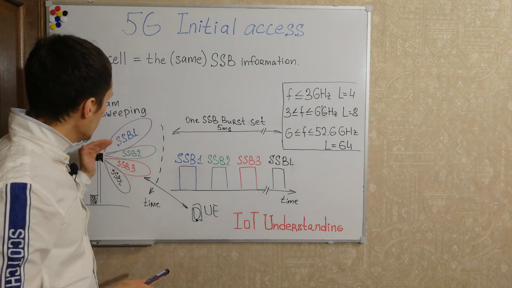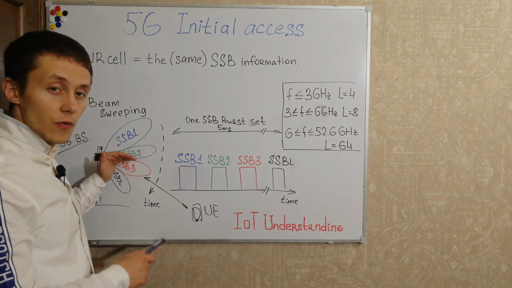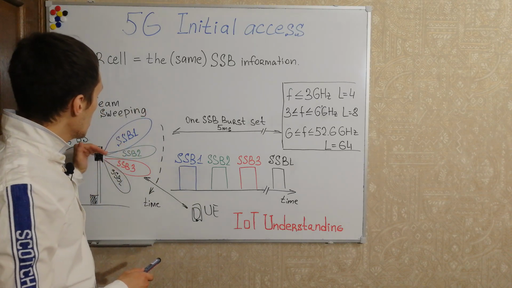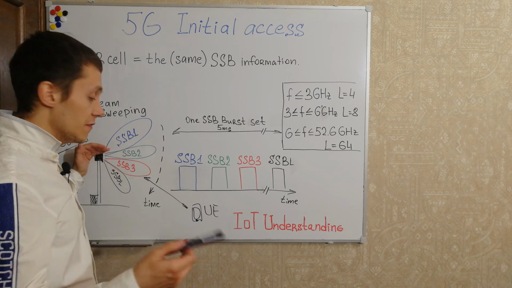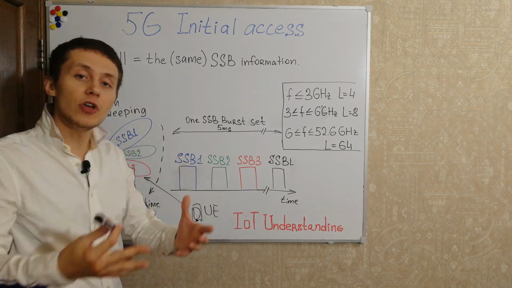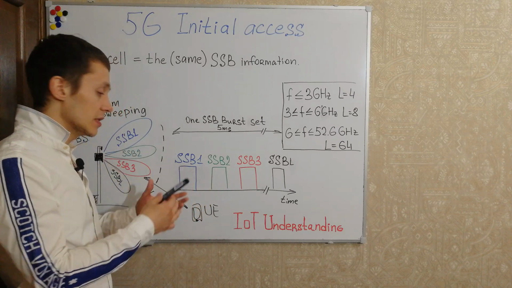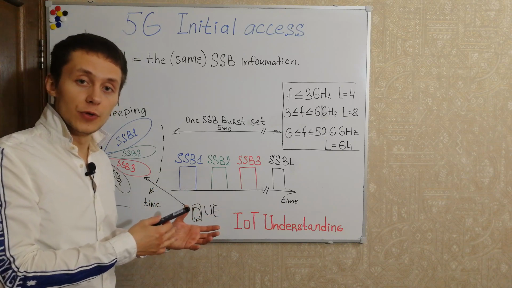So for each beam location, we may have a different SSB, and this is used to increase the probability of downlink synchronization for user equipment.